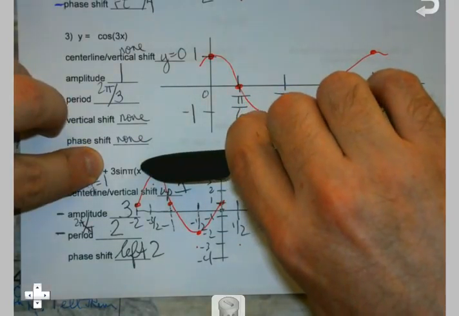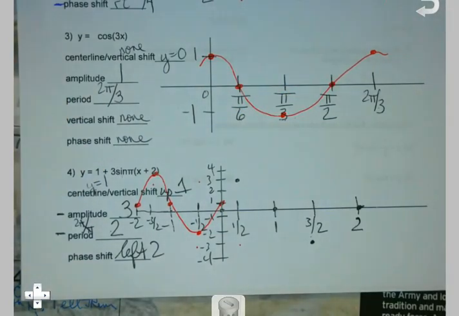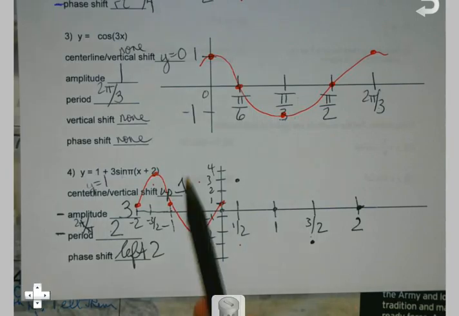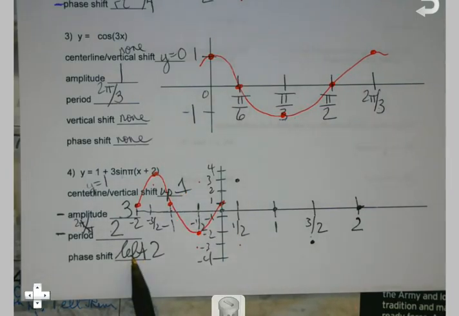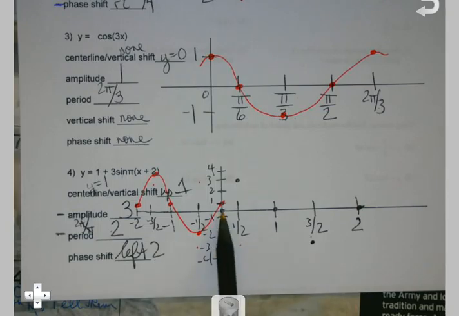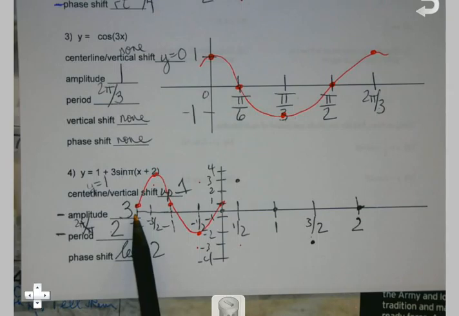However, that's not the whole story here. I still need to move these up 1, which isn't a big deal, but left 2. Ooh. If I start at 0 and I go left 2, I have to get all the way out to -2.